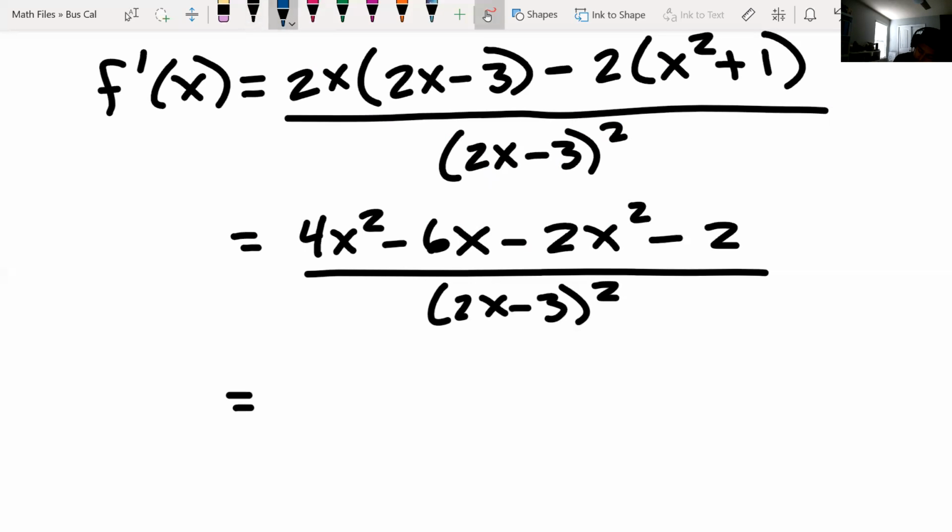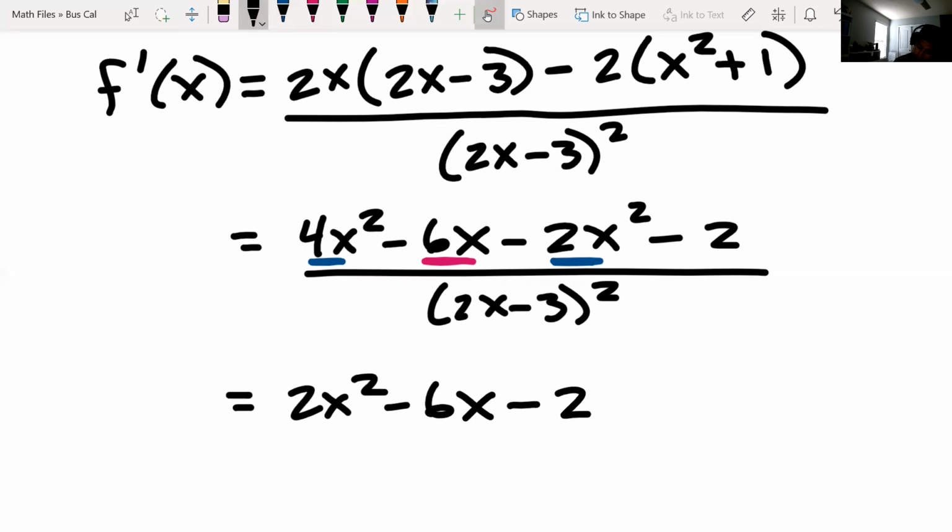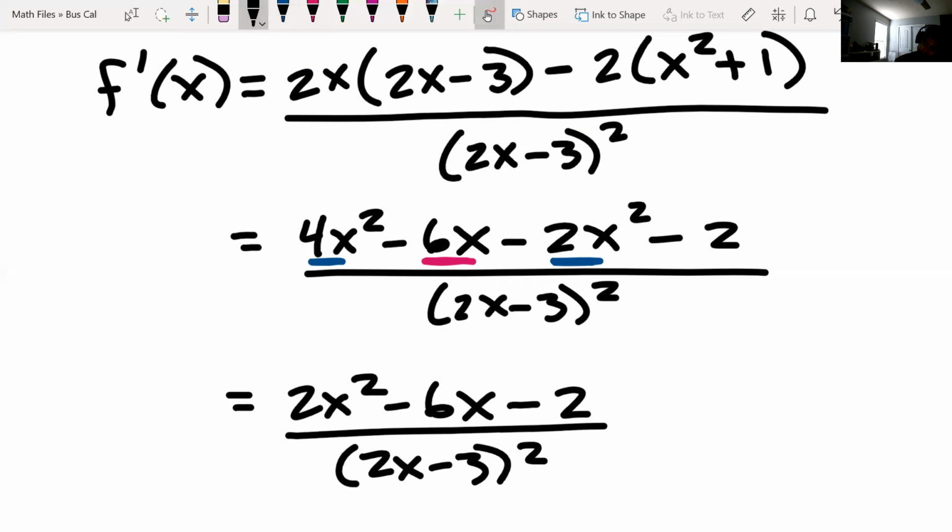My x squared, 4x squared, negative 2x squared, that gives me 2x squared. There's only a 6x by itself, so minus 6x, and that 2 is all by itself, over 2x minus 3 squared.